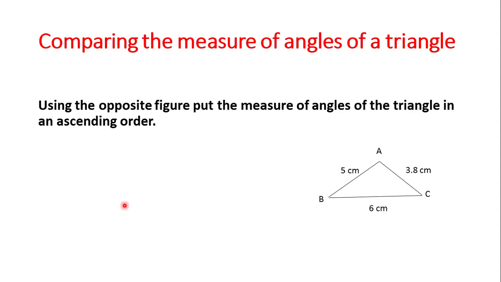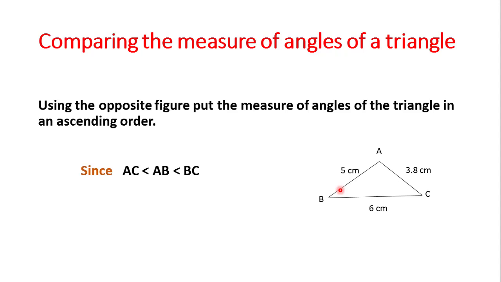Another exercise: using the opposite figure, put the measure of angles of the triangle in ascending order. So I want to start from the smallest angle. Here we have side AC 3.8 centimeters, BC 6 and AB 5. So I can arrange the side lengths.